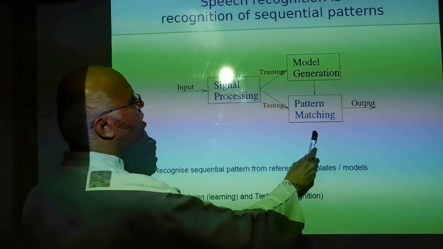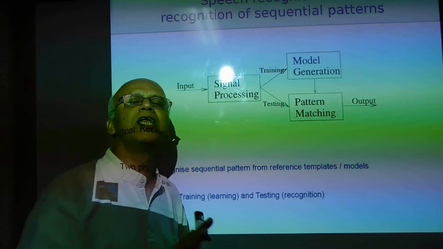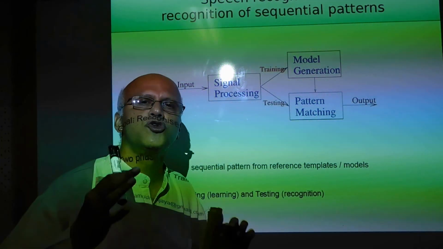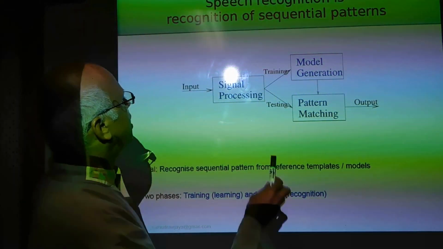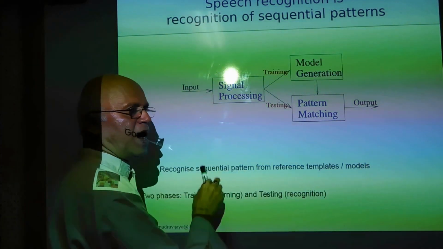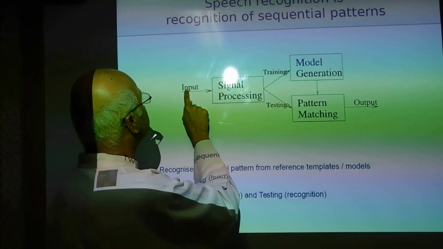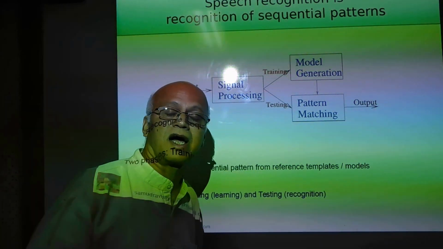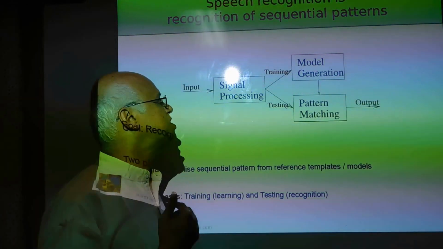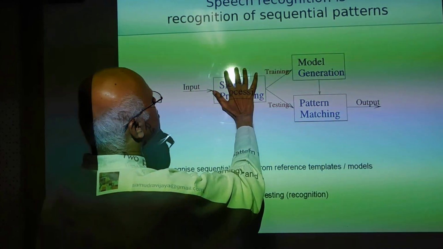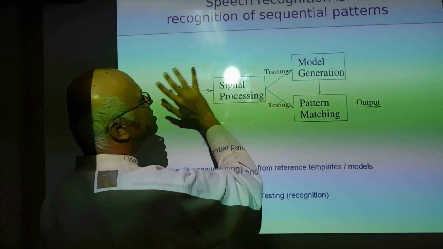This is a block diagram of a general pattern recognition, so-called supervised pattern recognition, where the input is the pattern, which may be a written pattern such as the letters in this slide, or audio patterns such as the sequence of speech sounds that I am talking. That is the input, called a signal.